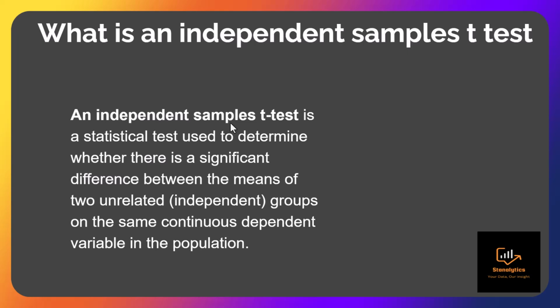So for example, let's say we have two particular drugs and we want to test the most effective drug in treating malaria. We have drug A and drug B and we want to check which one is the most effective. We can create a continuous dependent variable, on a scale of 1 to 10, to record the level of recovery of our patients.